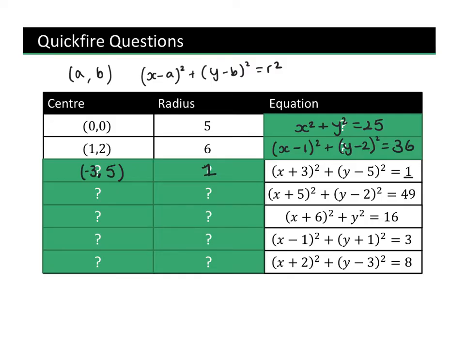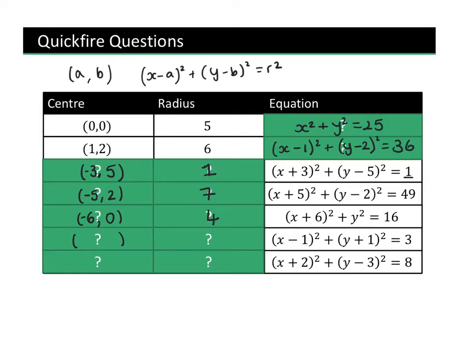Okay, then the next one, my coordinates are going to be (-5, 2), and my radius, 7. Fantastic. For the next one, my coordinates are going to be (-6, 0), and my radius, 4.